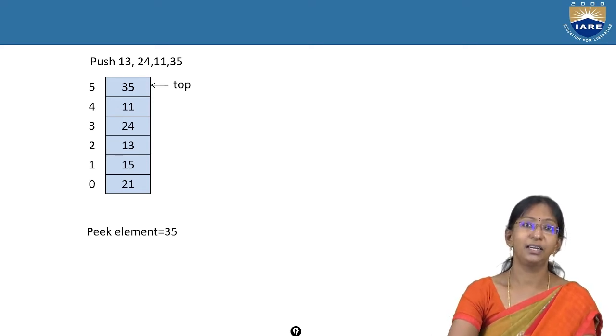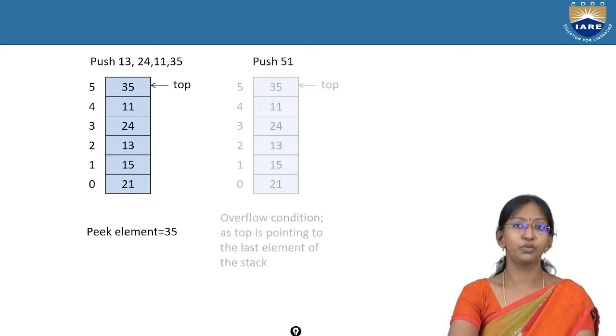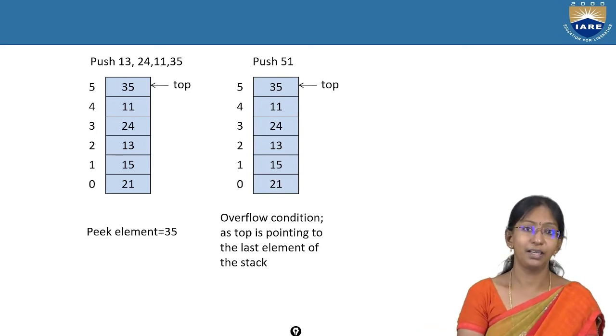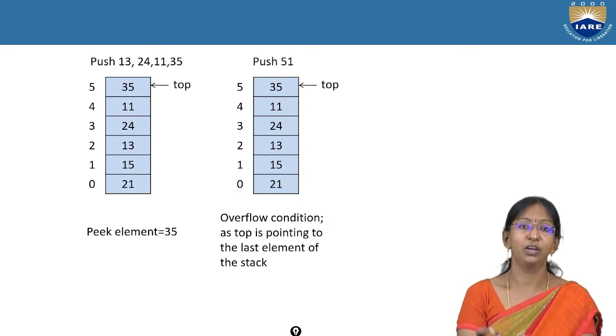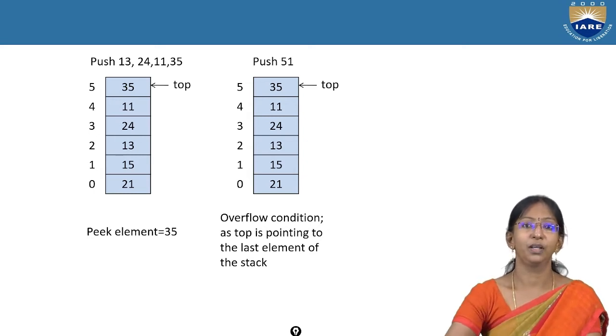Now you can see that the stack is full. That is visually. But how is the system going to understand? So if I try to push an element again, as top is pointing to the last element in the stack, the program must say that it is an overflow condition. You are trying to insert into a bag which is already full, right?